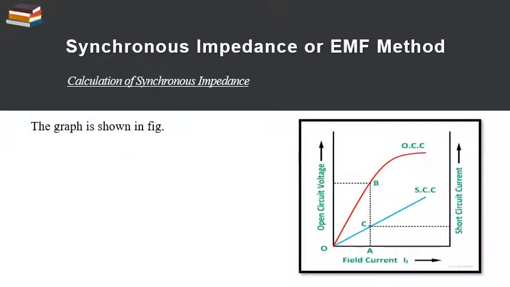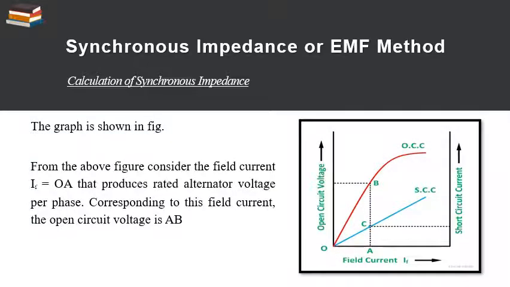The graph is shown in the figure. From the figure, consider the field current IF is equal to OA. This is called OA, the field current that produces the rated alternator voltage per phase.